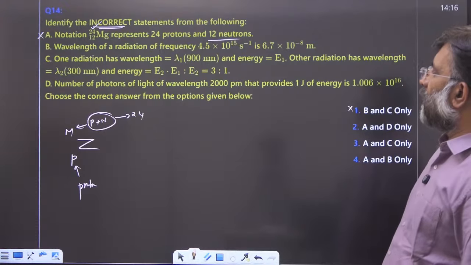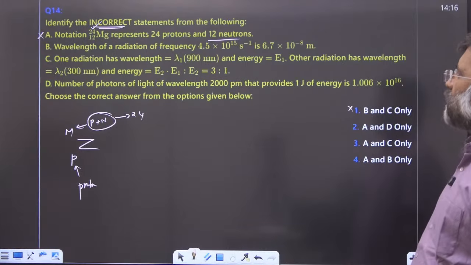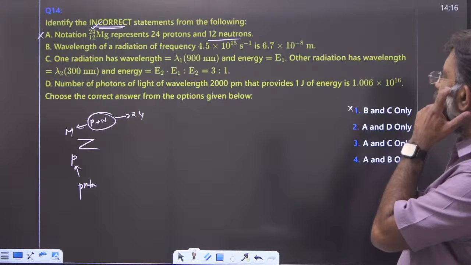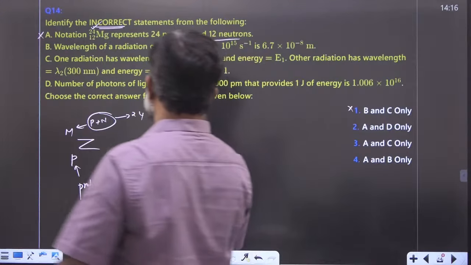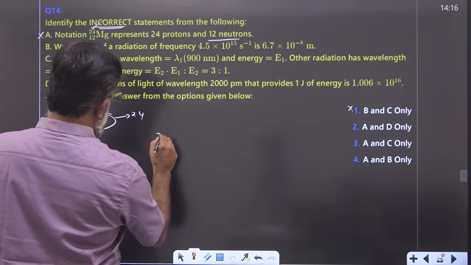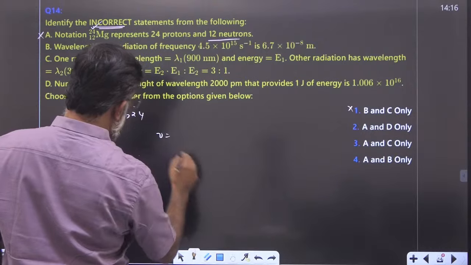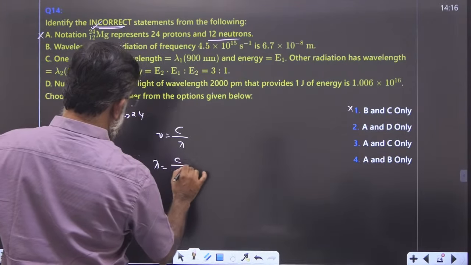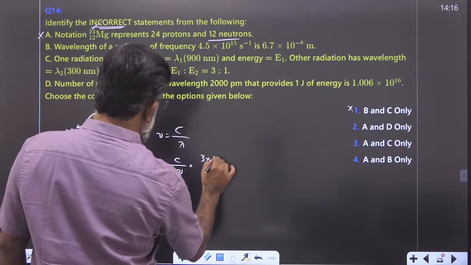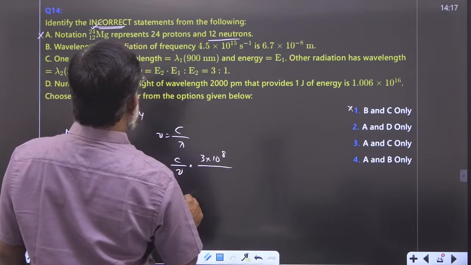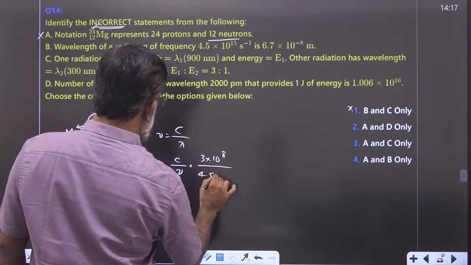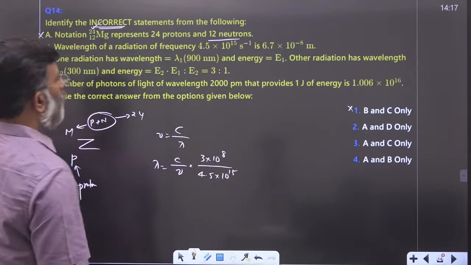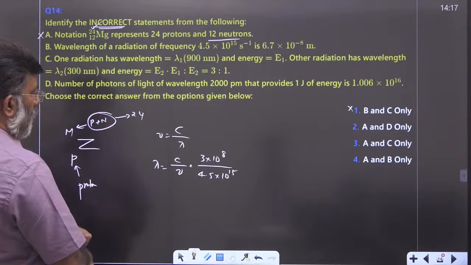B: the wavelength of radiation of frequency 4.5 into 10 power 15 is 6.7 into 10 power minus 8. Let's try it. Nu equals C by lambda, so lambda equals C by nu, 3 into 10 power 8 divided by the frequency, 4.5 into 10 power 15.